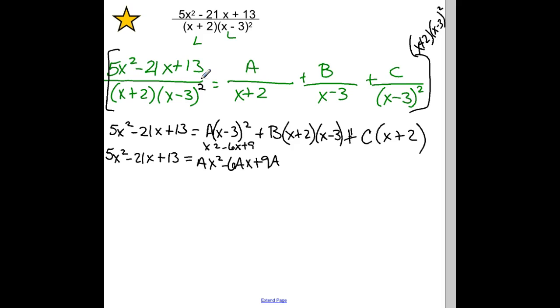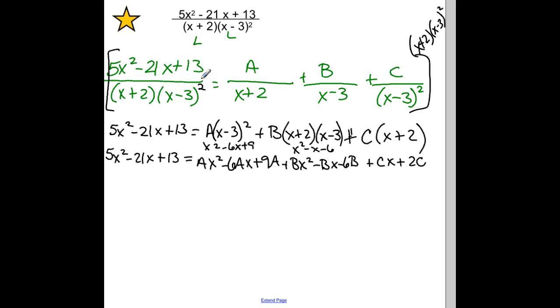For the b piece, what do we get if we FOIL x plus 2 and x minus 3? Okay, so now times b to those pieces. So we have bx squared minus bx minus 6b. And our last piece, we just have to distribute cx plus 2c. Are we okay with the algebra of that?